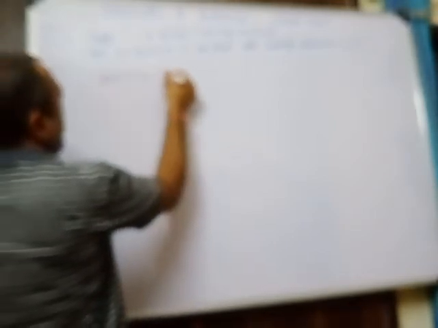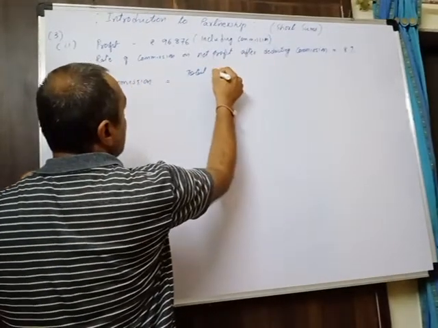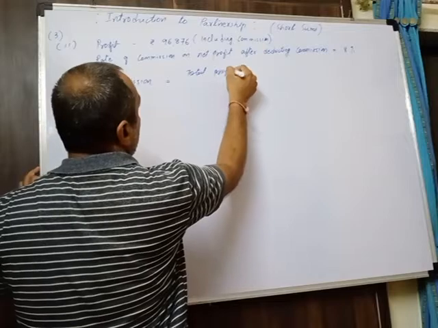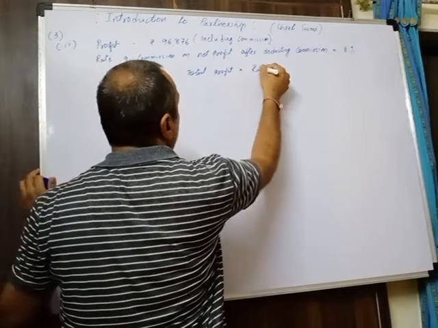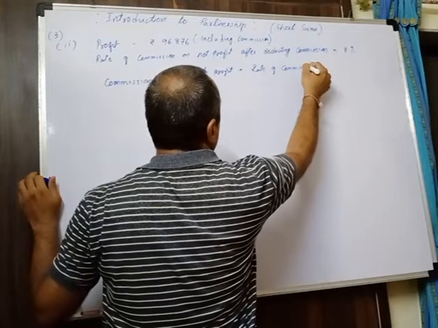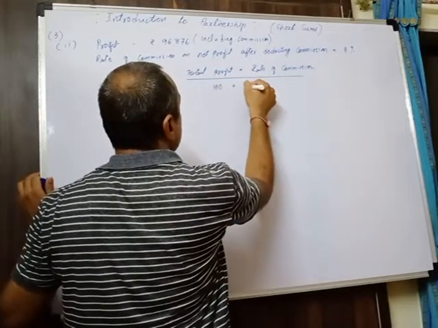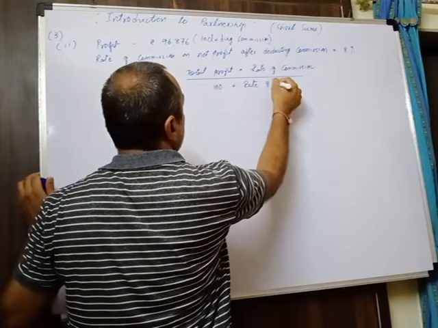First of all, I am going to calculate commission. When such a condition is there, the formula is: commission equals total profit into rate of commission divided by 100 plus rate of commission.